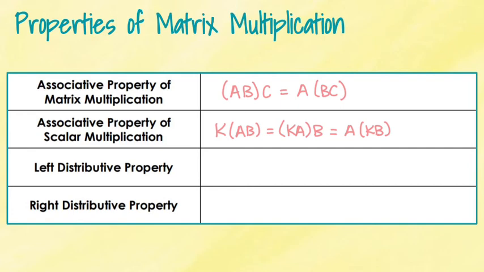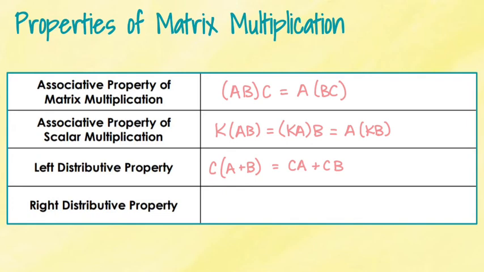The left distributive property says that C times A plus B is equal to CA plus CB. So if you have a matrix outside of two matrices added together, you can distribute that matrix out.